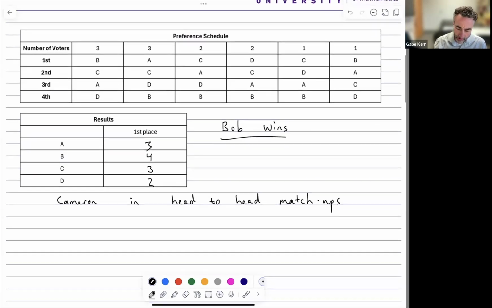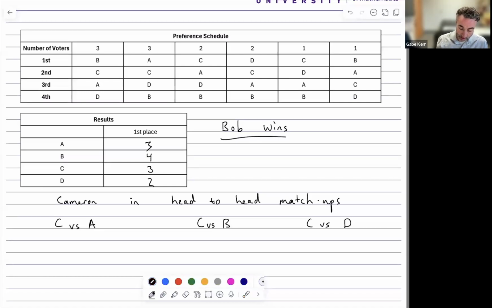Cameron could have been versus Amanda, versus Bob, or versus David. Let's see what happens. If Cameron is just versus Amanda, what happens there?